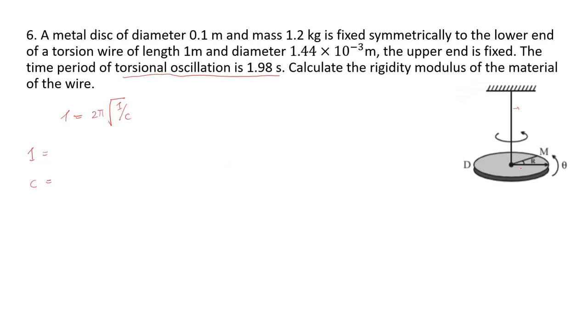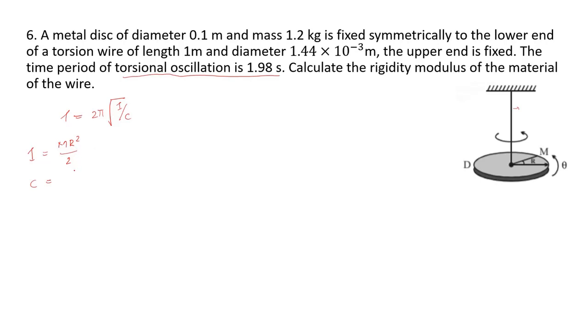Now, what we have been given here is a disc. So, the moment of inertia of a disc is given by m r square by 2. We have seen this in our previous chapter, dynamics of rigid bodies. That is, I of a disc is m r square by 2, where m is the mass of the disc and r is the radius of the disc.